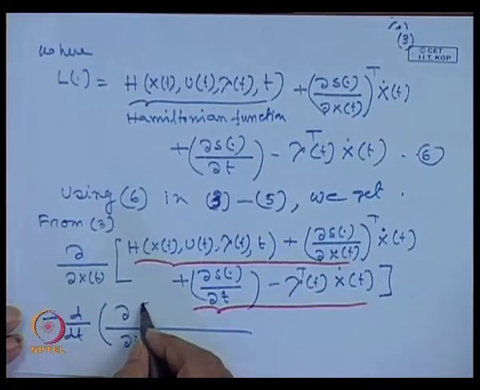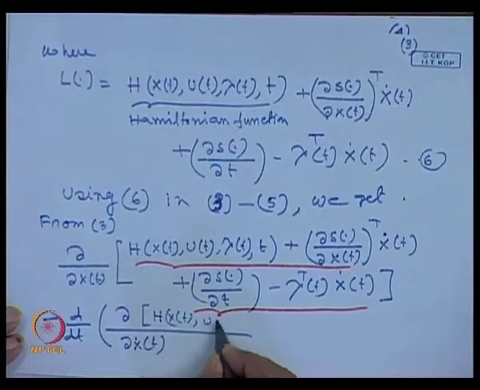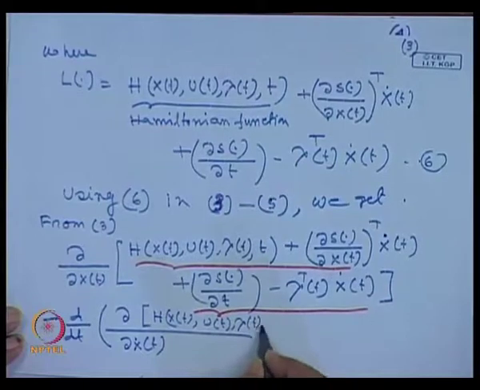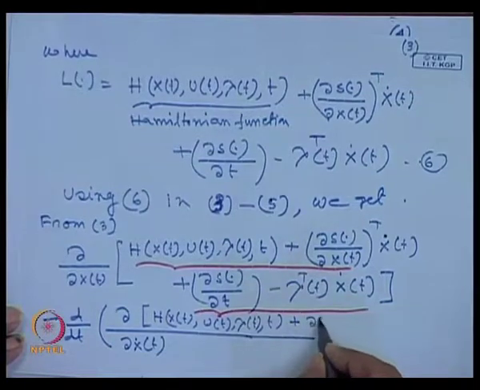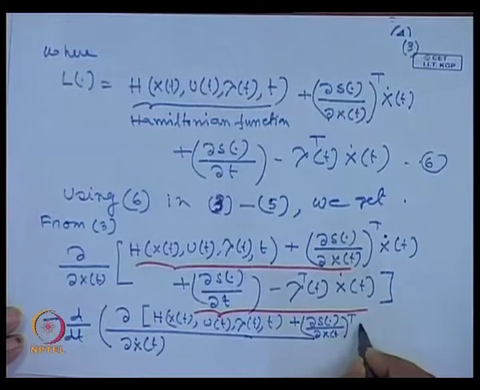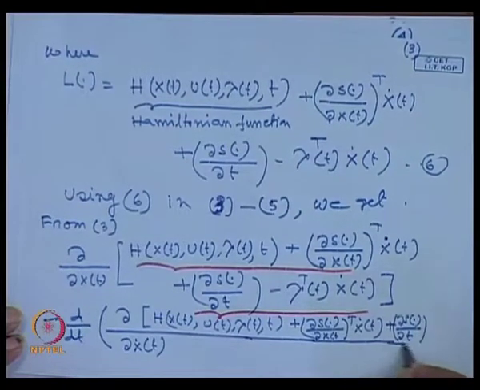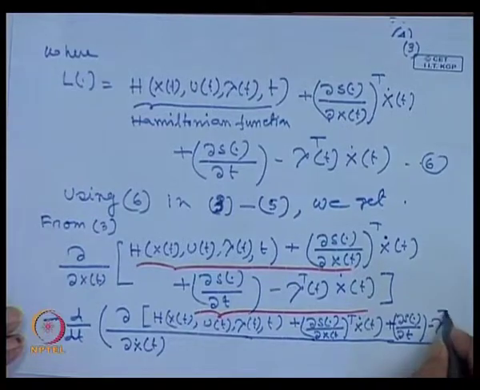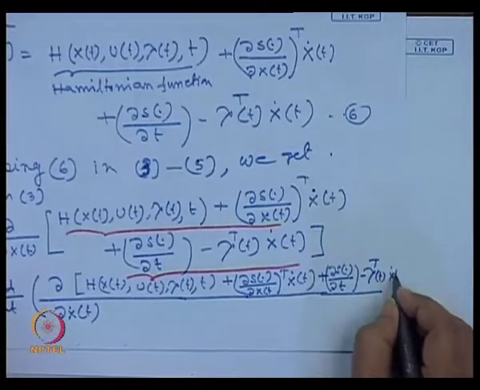I am writing H of x of t, u of t, lambda of t, plus del S by del x of t whole transpose x dot of t, plus del S by del t, minus lambda transpose of t into x dot of t.